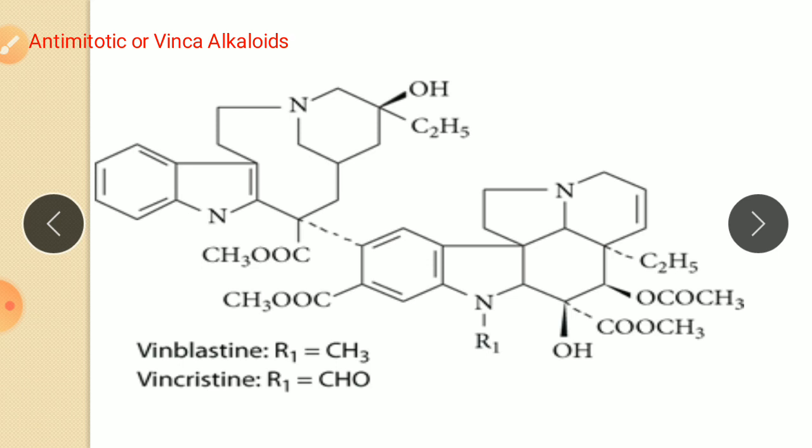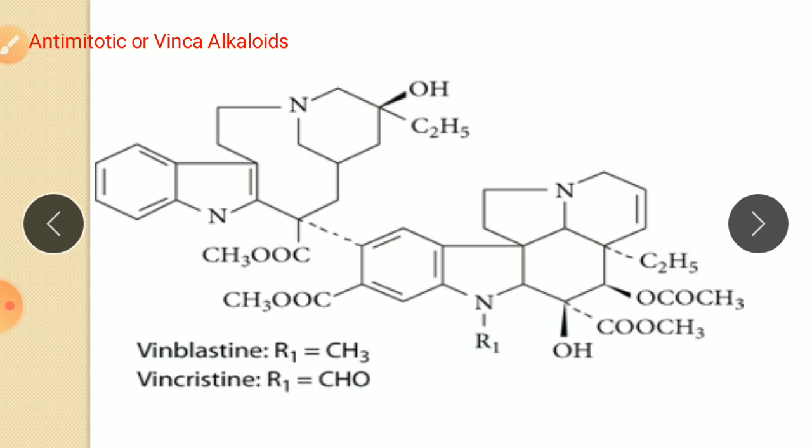So microtubule has two types of binding site: a high affinity binding site located at both ends of the spindle, and a low affinity binding site present on the intact spindle. Binding of these drugs at the high affinity binding site prevents both elongation and shortening of the spindle and thereby disturbs its function.